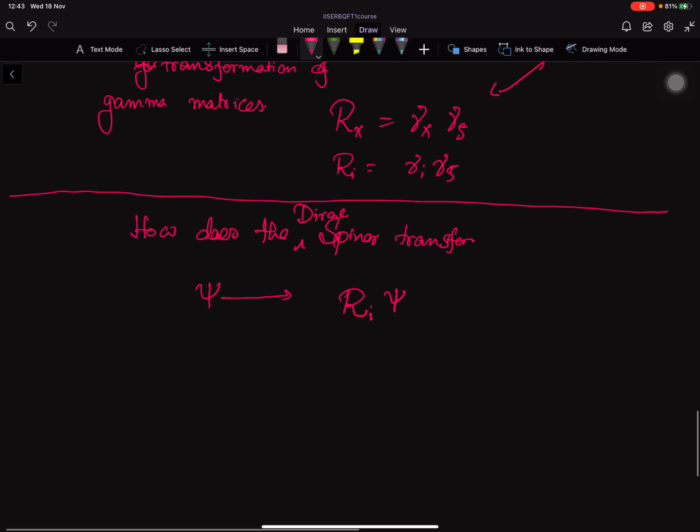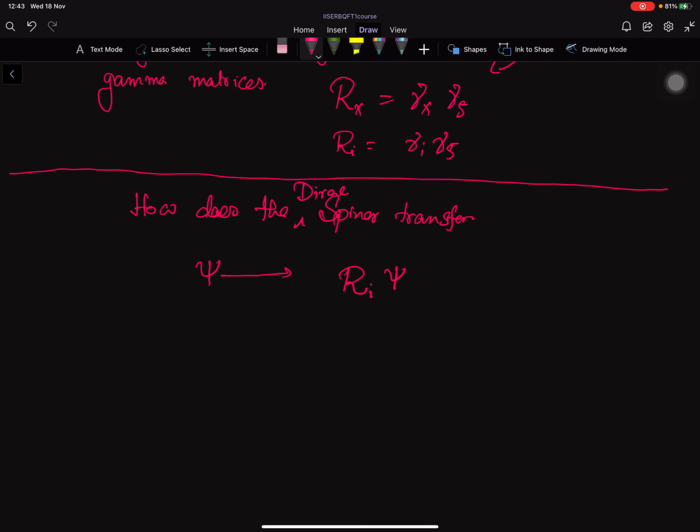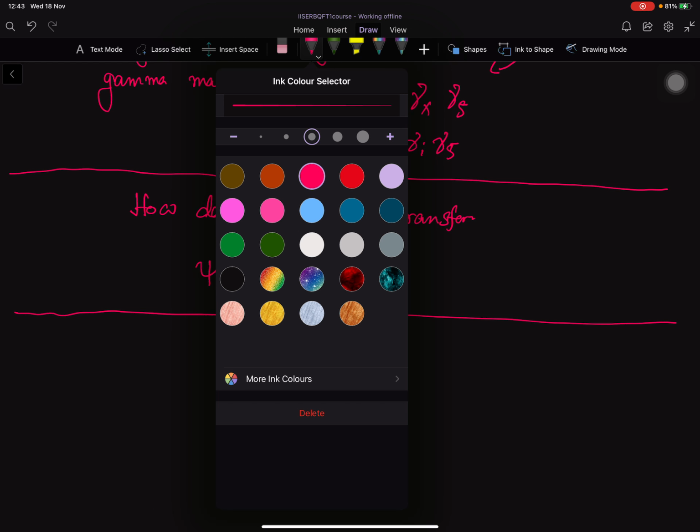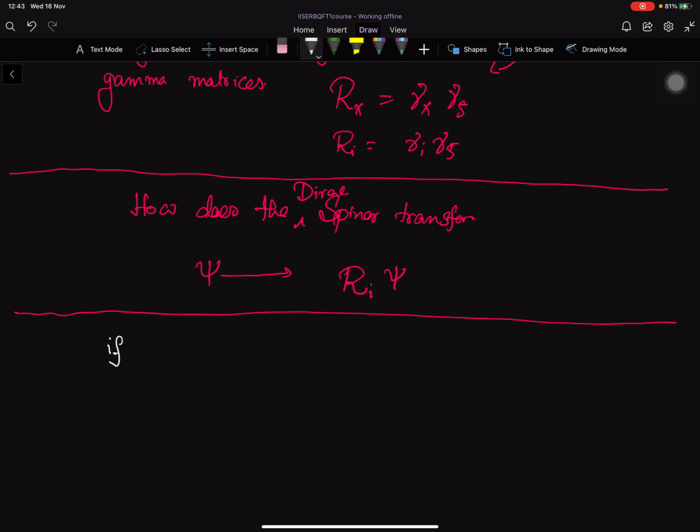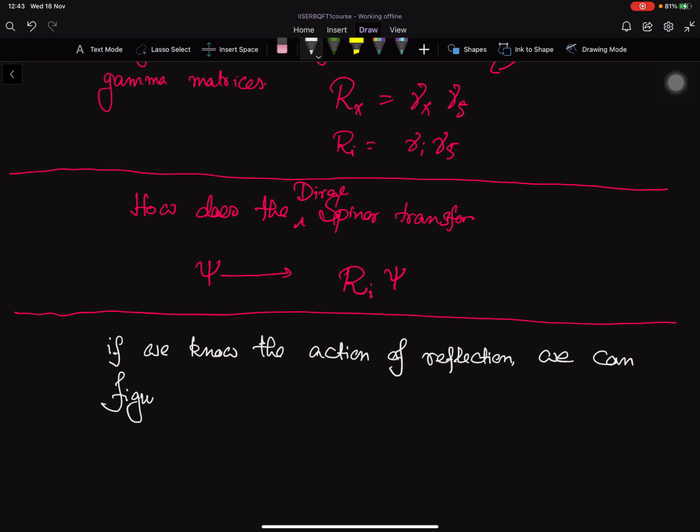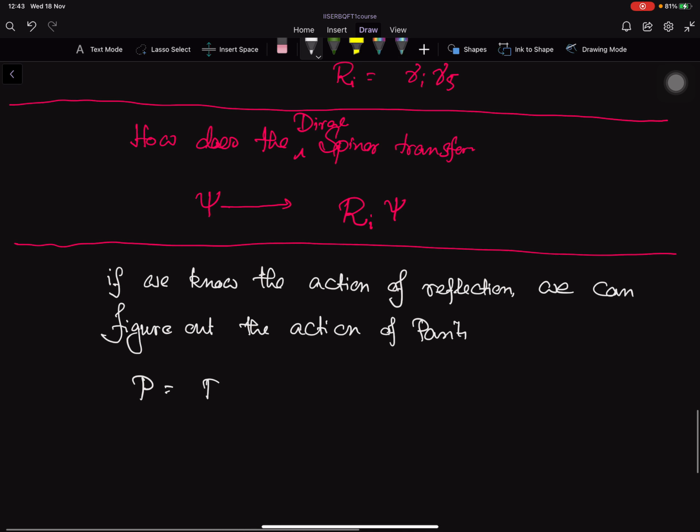So if we just know the reflections, we can figure out the action of parity, because parity is simply three reflections.